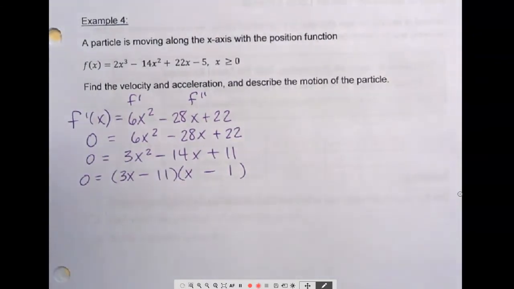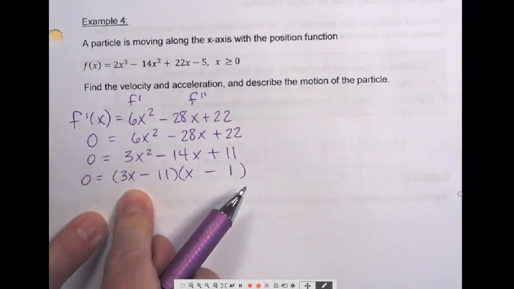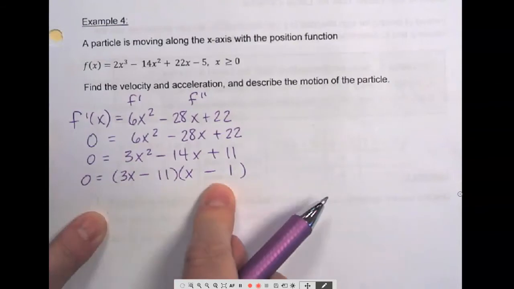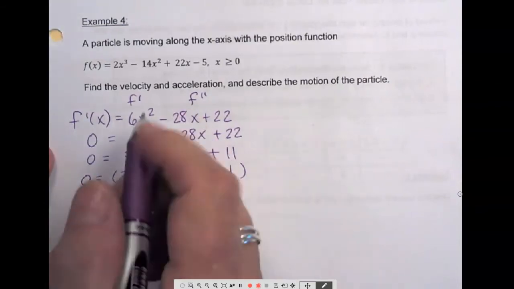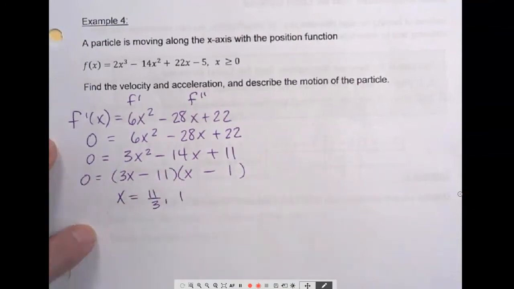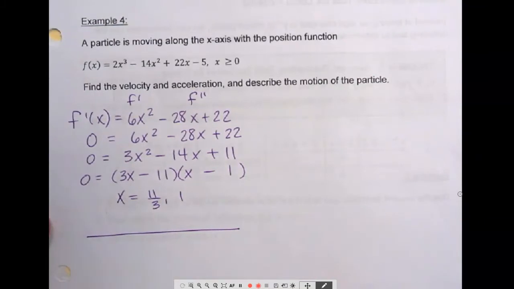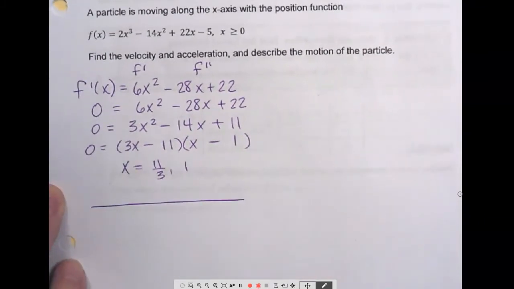All right, so if I set this factor equal to 0, what is x? 11 over 3, and this one, 1. Okay, I'm going to set up a sign chart. Which is smaller, 1 or 11/3? 1.